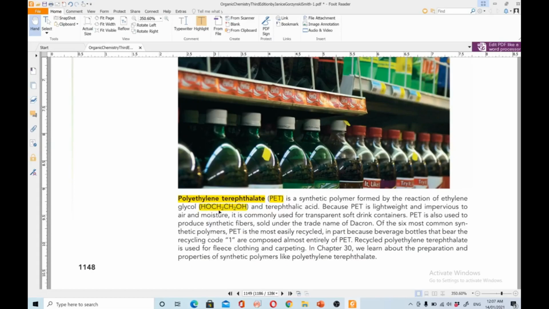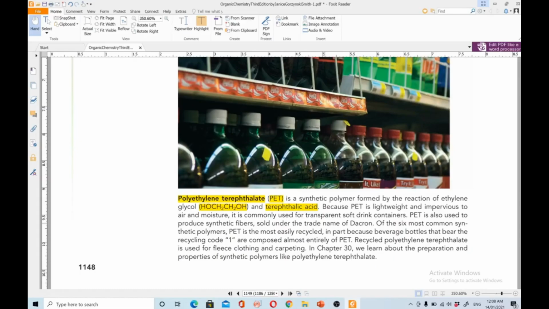It contains two OH groups and two CH2 units, and terephthalic acid. When terephthalic acid reacts with ethylene glycol, polyethylene terephthalate is formed, which is responsible for making these soft drink bottles.